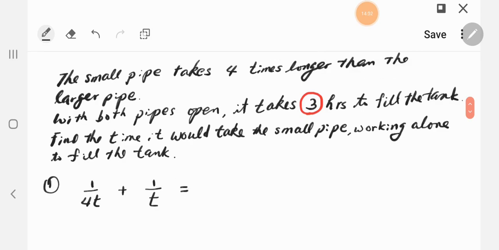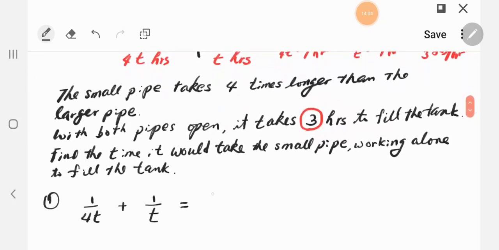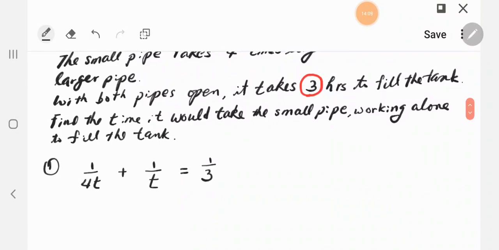So once they work together, it takes 3 hours, so 1/3 of the tank will be filled. Alright, so we have one equation.